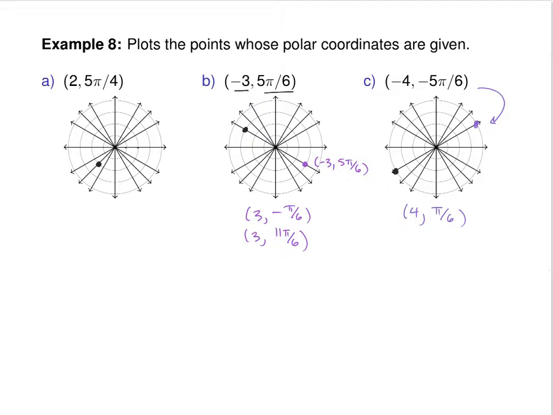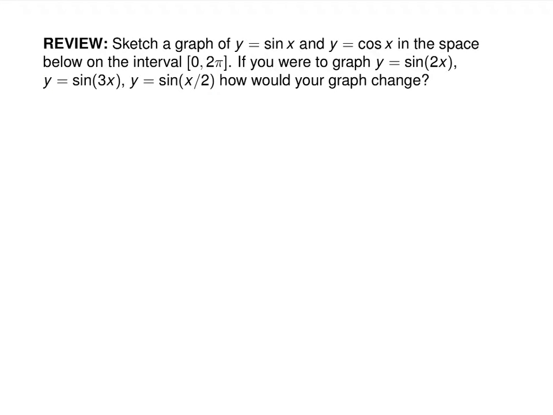Another skill you need for today's lesson is graphing sine and cosine, because we're going to do a lot of stuff with these. What is the interval that gives you the main picture of what happens with both sine and cosine? 0 to 2π. So where does sine start? It starts at 0.